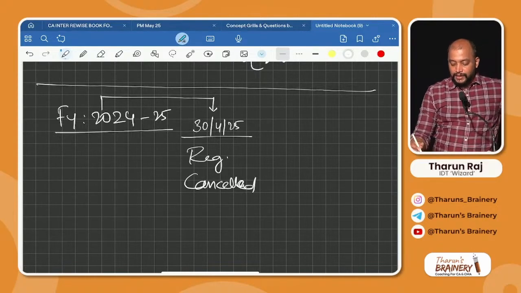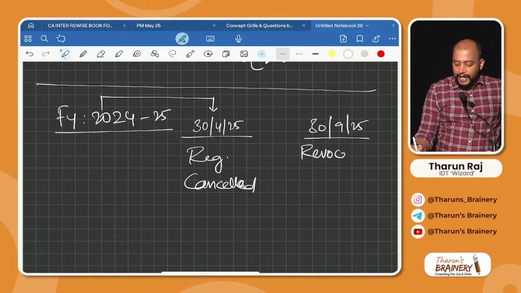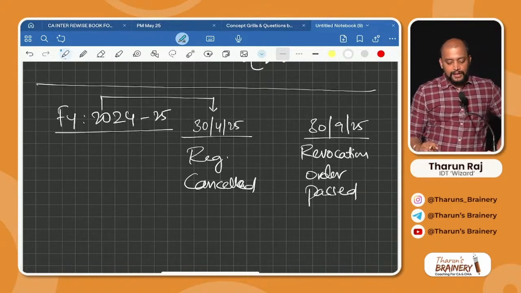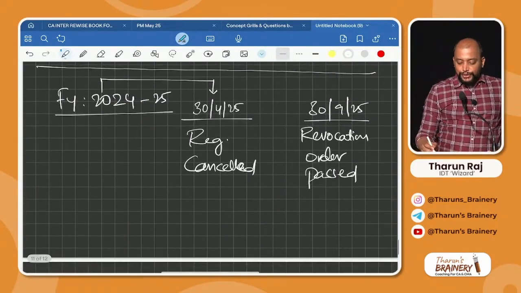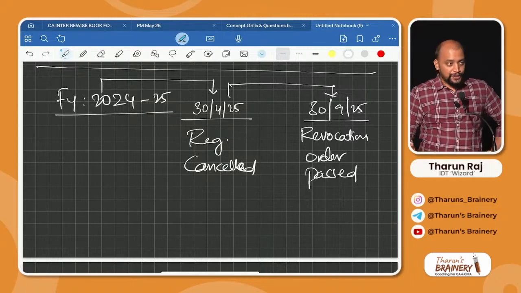On 30th September 2025, revocation order passed. Okay, for financial year 24-25, on 30/4/2025 registration cancelled and the revocation order was passed on 30th September 2025.